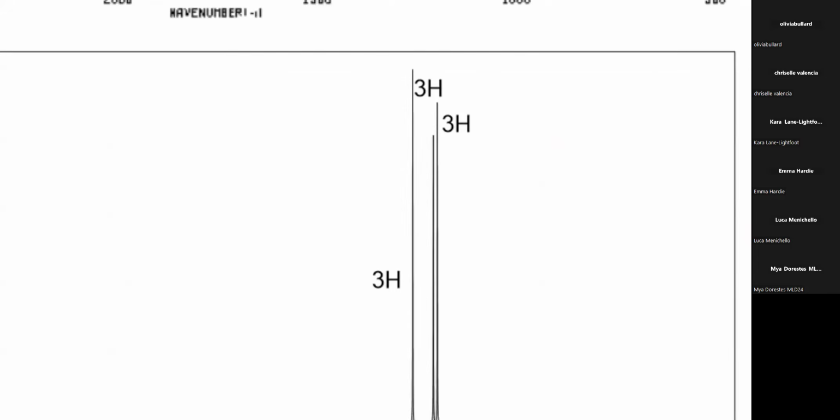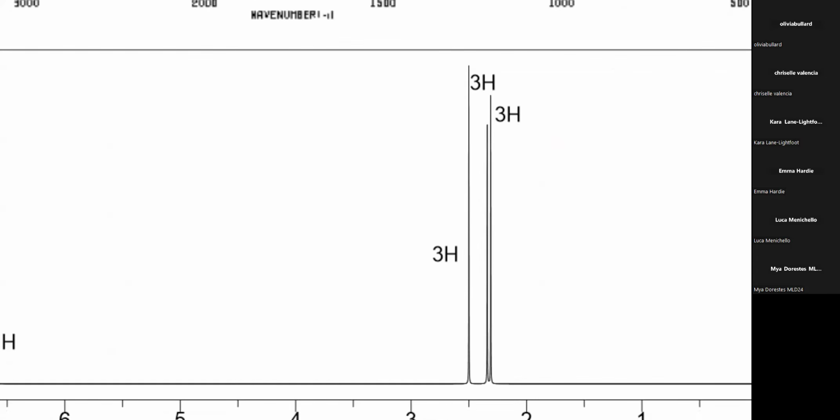All right, so I have 3 different 3H singlets. So a 3H singlet is going to look like that. Got 3 of them. I've got to figure out what to do with those guys.